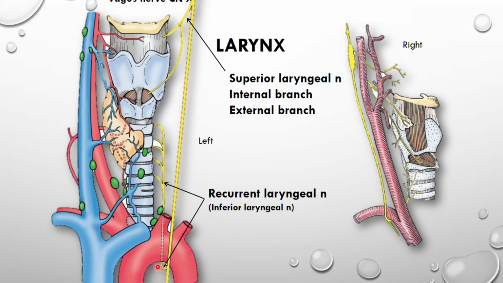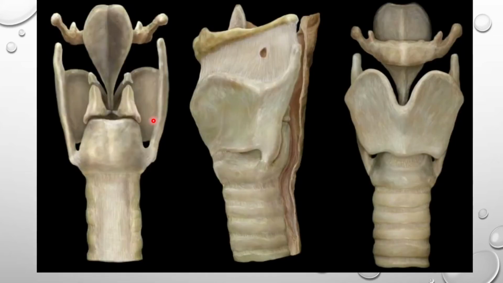It runs back underneath the arch of the aorta and enters back into the neck and ascends up the neck to supply the trachea and the larynx and the muscles of the larynx from below. And the recurrent laryngeal nerve has both motor and sensory neurons running within it. So let's have a little think about the laryngeal skeleton.